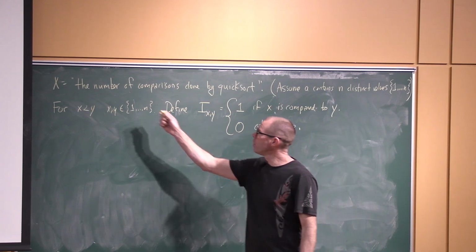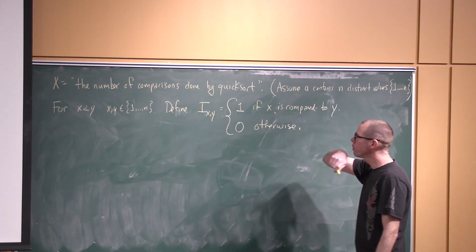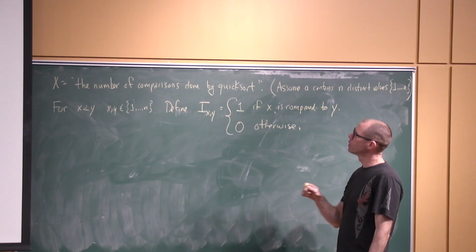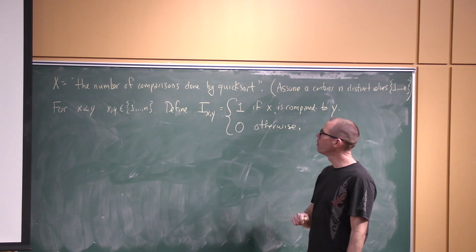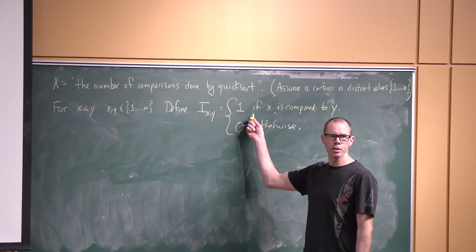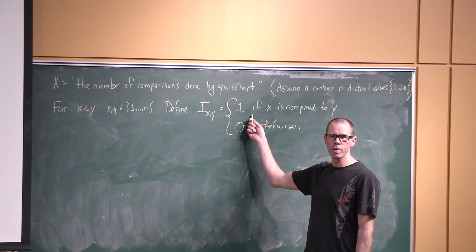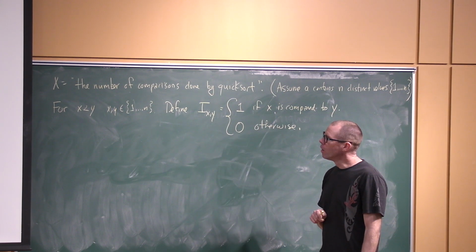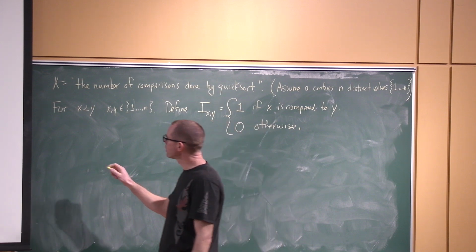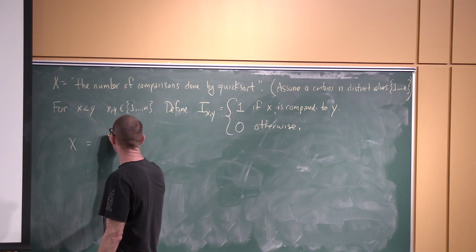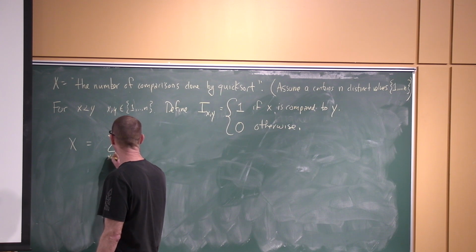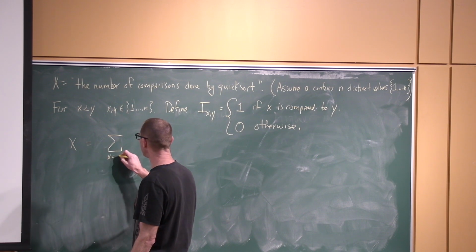So the X talks about the number of comparisons done by quicksort, and this one looks at every x and y in our input array. We have an indicator that tells us whether or not those two things were compared. So that means that X will be equal to the sum over all x's less than y.